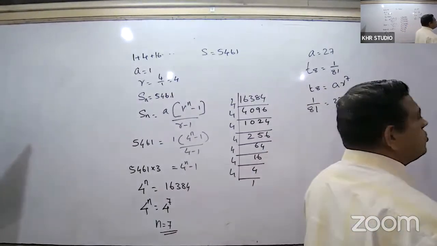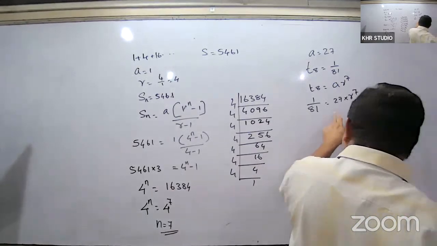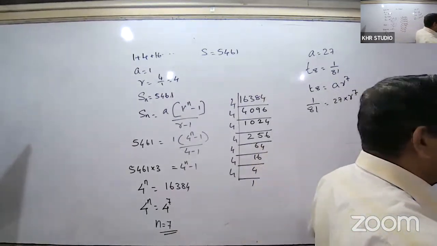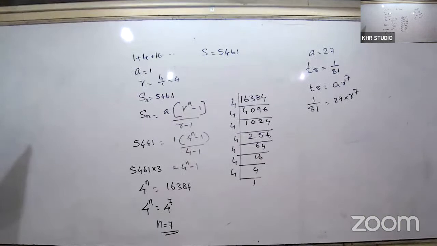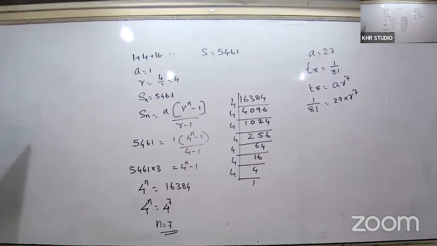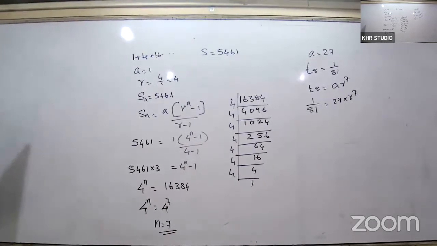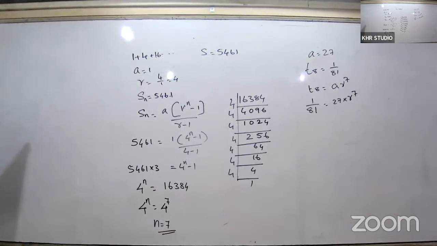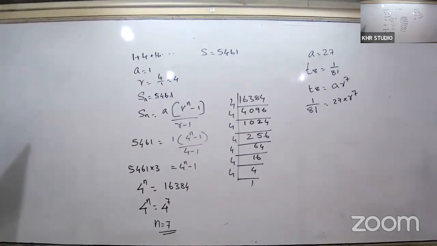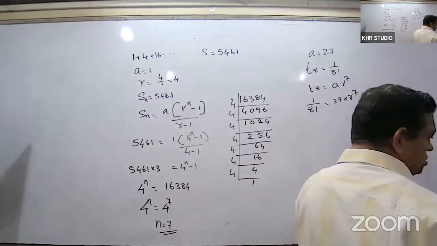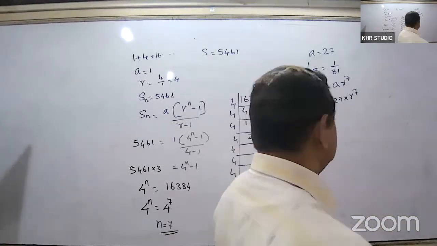I will bring this 27 here and factorize now. These will come down now. 1 by 7.